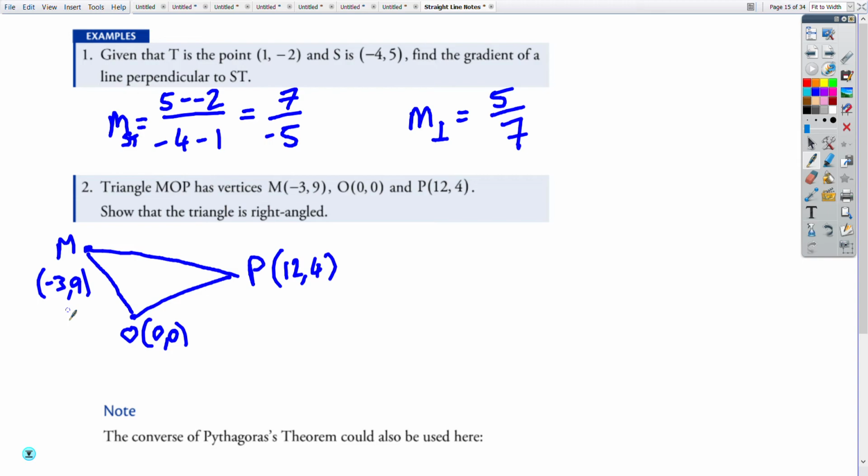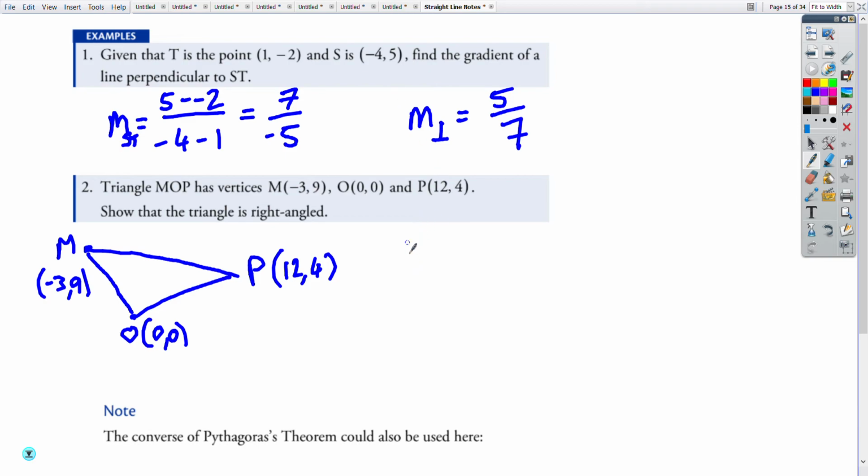And so all we need to do is prove that this line MO and the gradient OP are perpendicular, as in they multiply together to give negative 1.